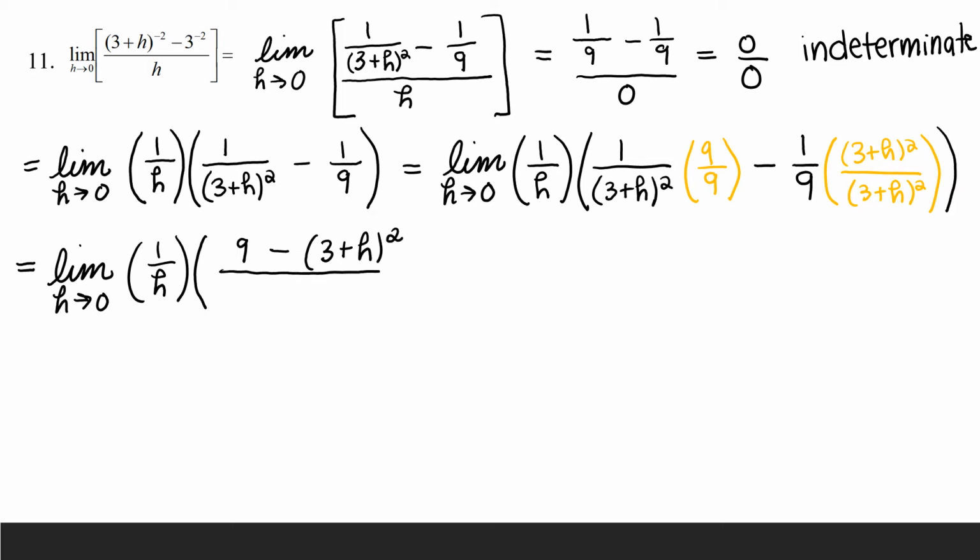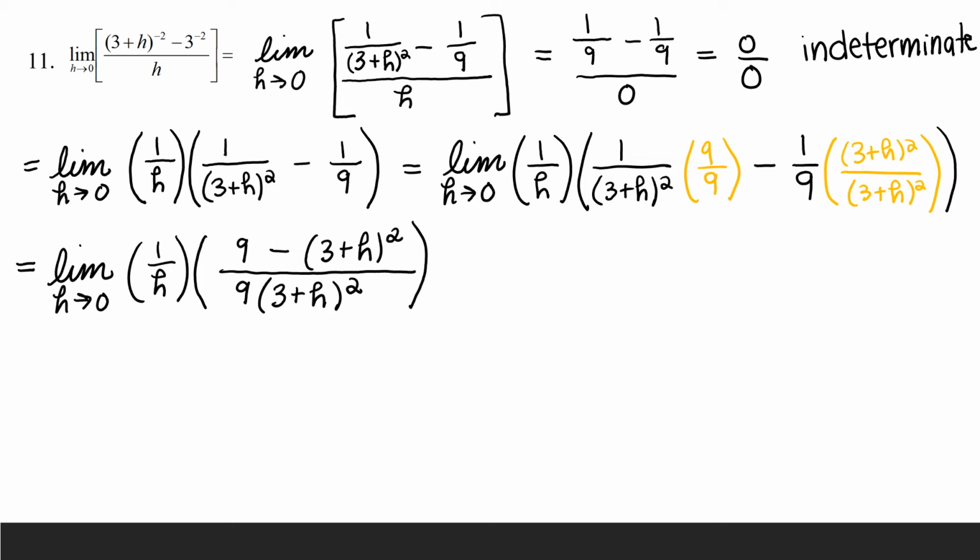And this will be all over that common denominator of 9 times the quantity of 3 plus h squared. And now I look at this and I go, oh man, I still end up with a 9 minus 9 if I tried to use direct substitution now. So I still need to do something about this numerator.